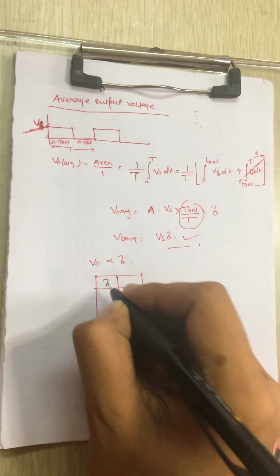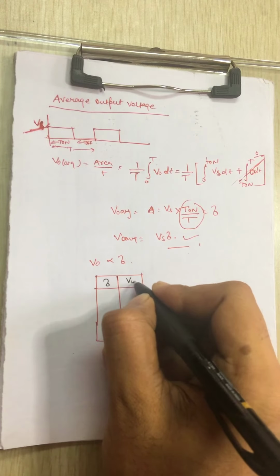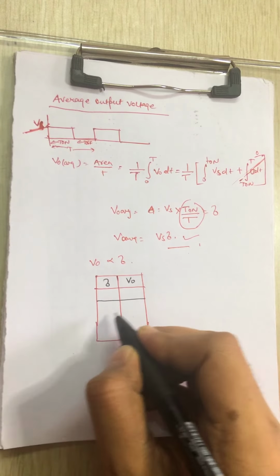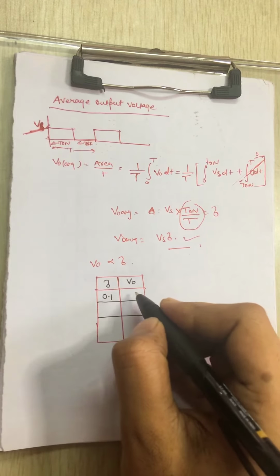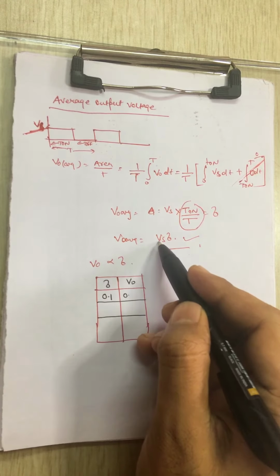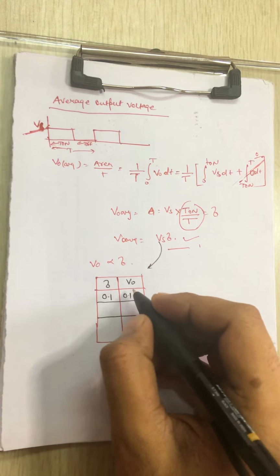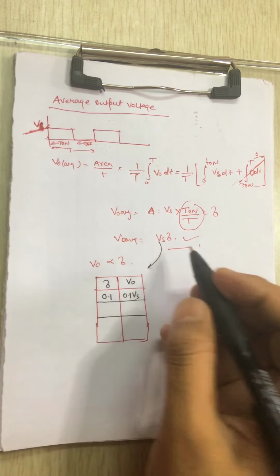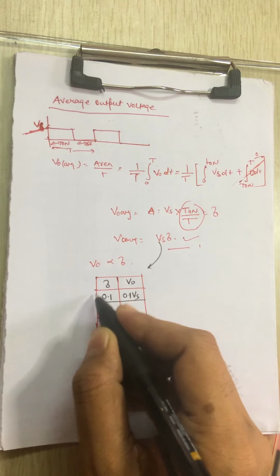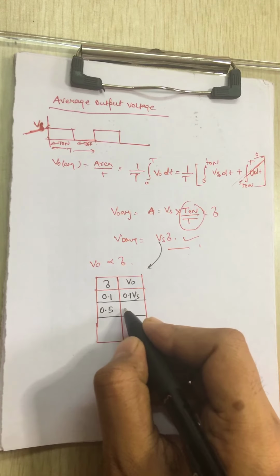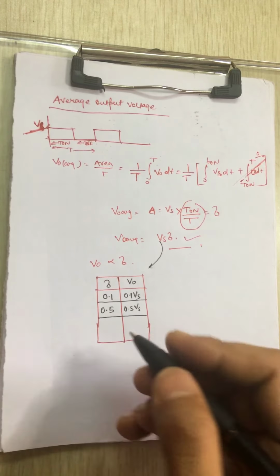Now suppose I choose some values of delta, so what will be the change in the output voltage? Let's see. If delta is 0.1, V output will be 0.1 into Vs. Suppose the value of delta is 0.5, then again 0.5 into Vs from the above expression.